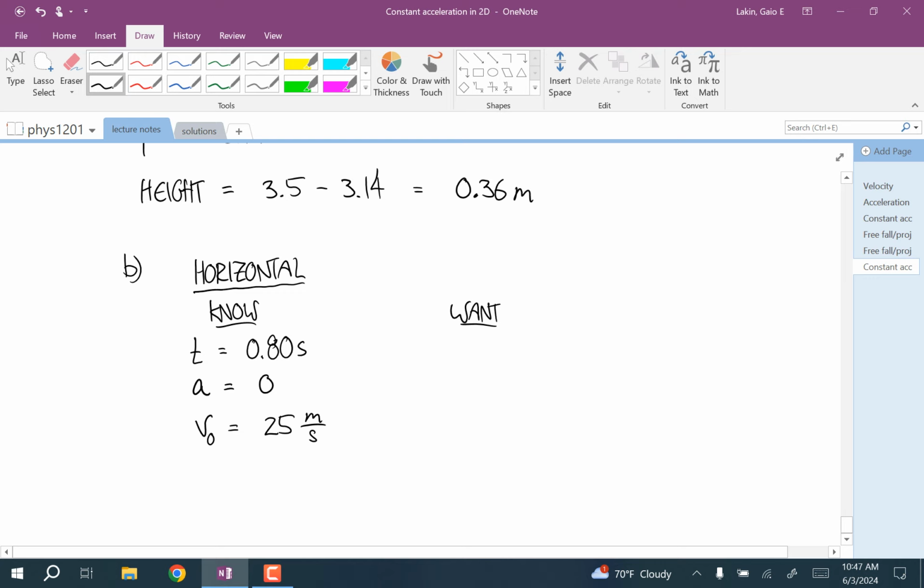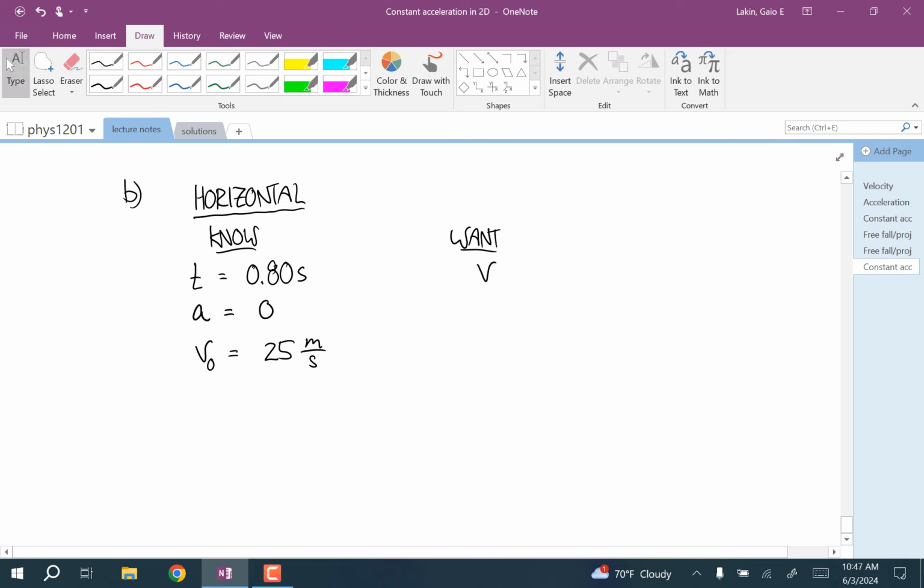And we're trying to calculate V at time 0.8 seconds. The equation we're going to use here is V is equal to V0 plus A t. Since A is 0, this just comes out to be 25 plus 0.